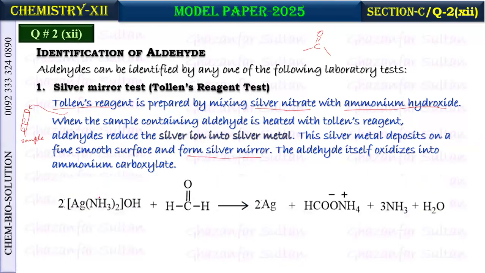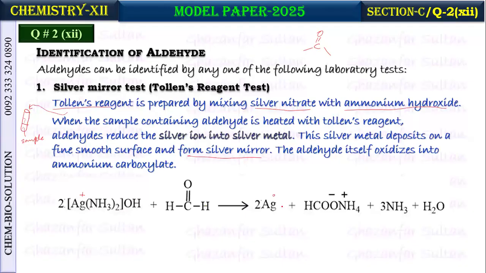You can see the equation here. Silver is in the +1 form, and now it has zero charge. Going from plus to zero is the reduction process, after gaining the electron. So here the aldehyde acts as a reducing agent, and this ammoniacal silver nitrate acts as a mild oxidizing agent.